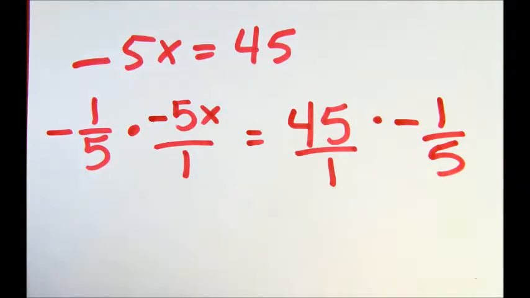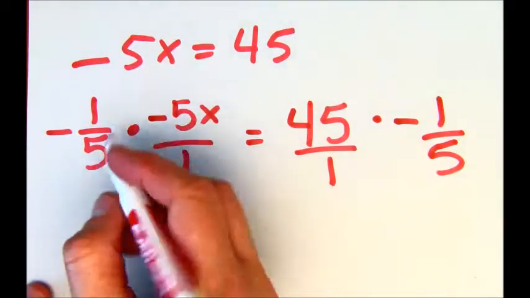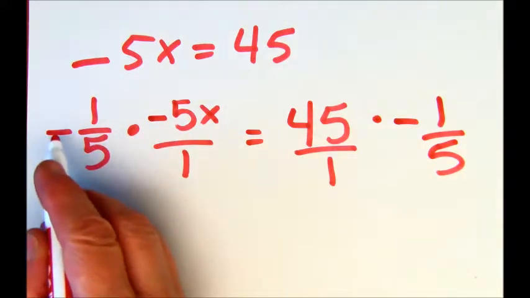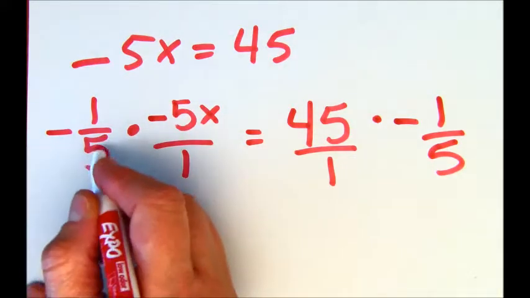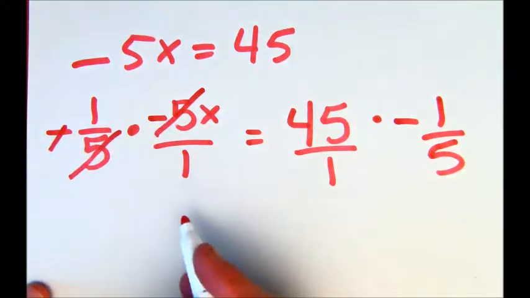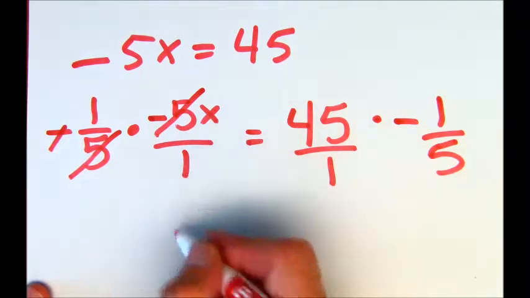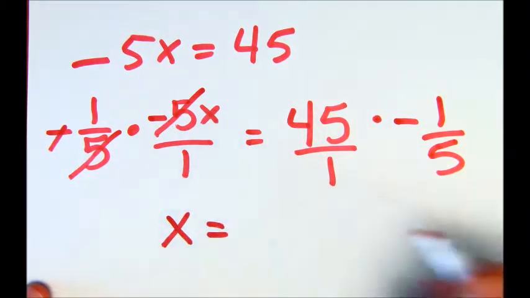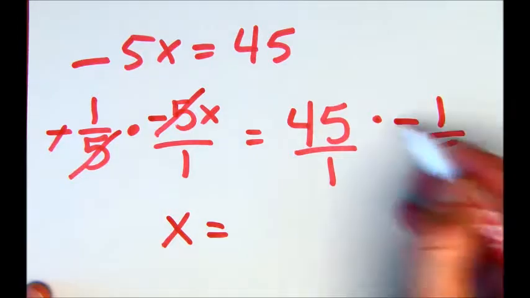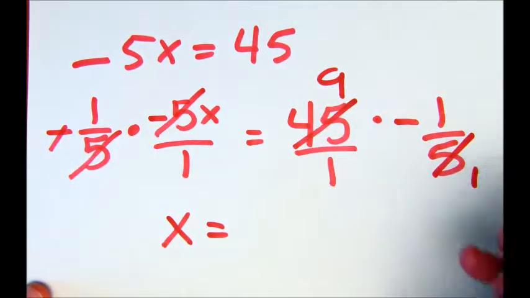Now we're just going to cancel: this 5 cancels. And if you think of the negative 5, that negative goes with it. So negative times the negative is a positive. We're left with x over 1, or x. 5 goes into 45 9 times, goes in once.